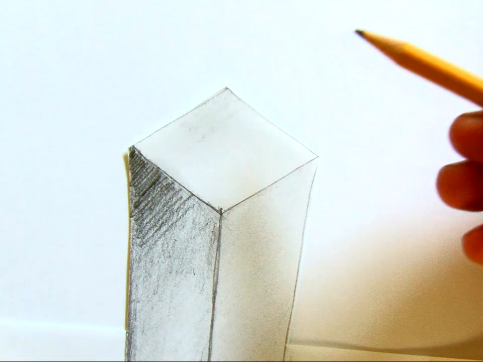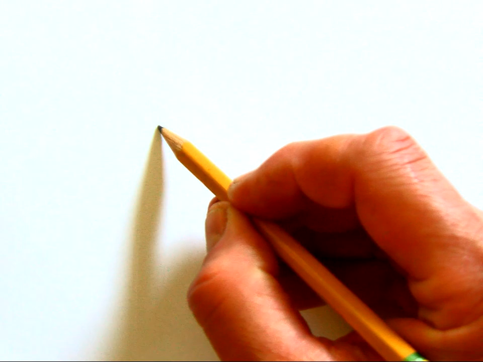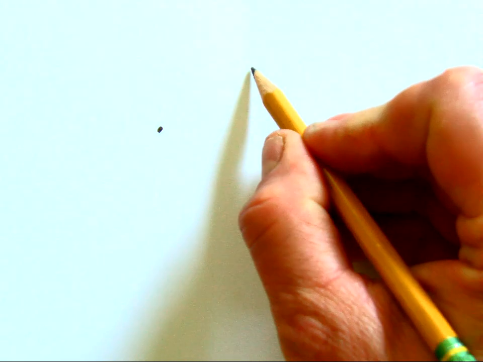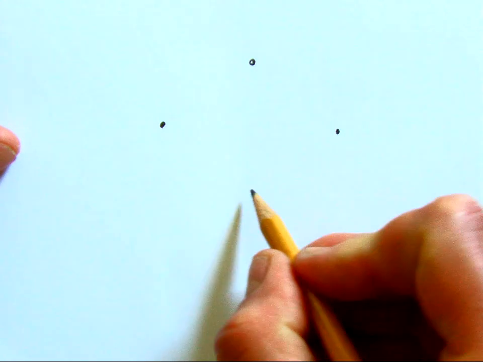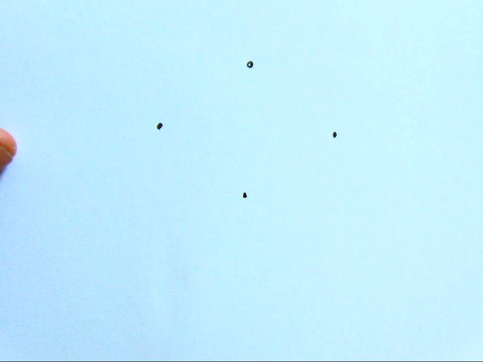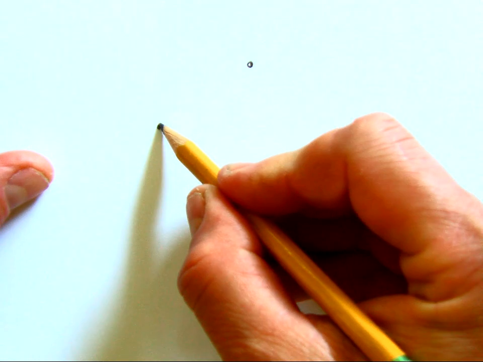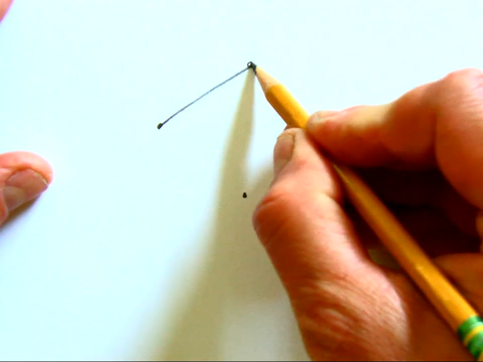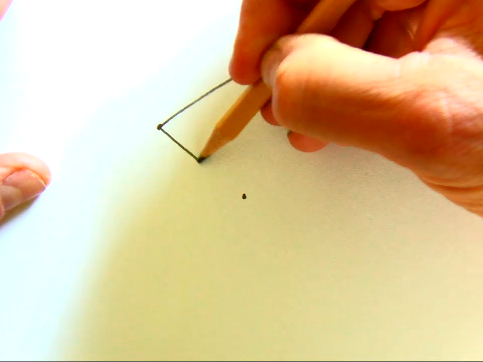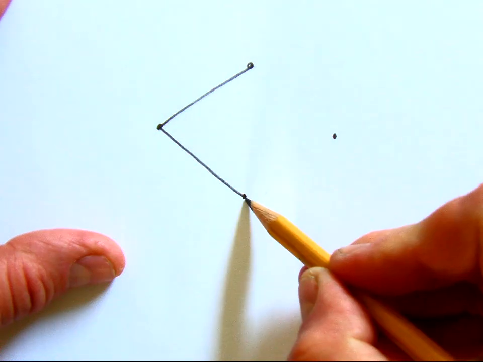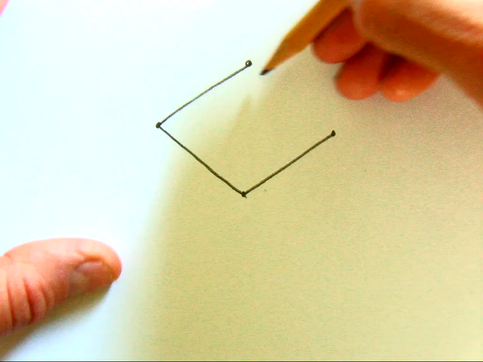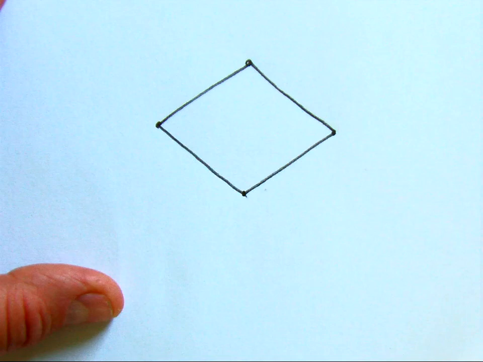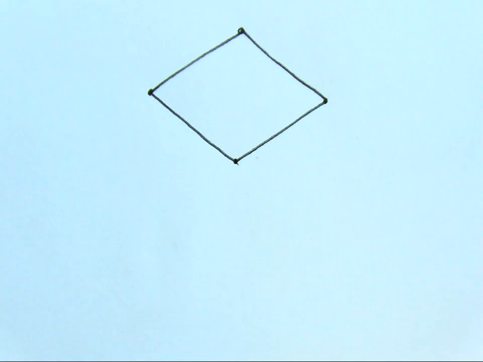Okay, so I'm going to have a small dot here, here, here, and here. Okay, and I'm going to connect the dots with some straight lines in this fashion. And that's going to be the top of our block.